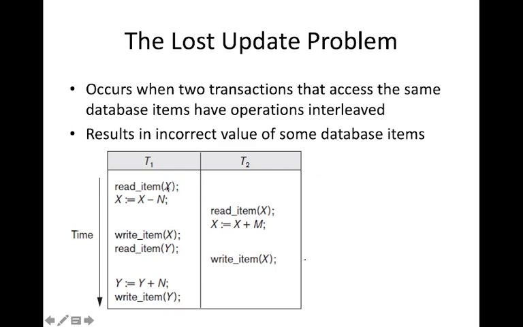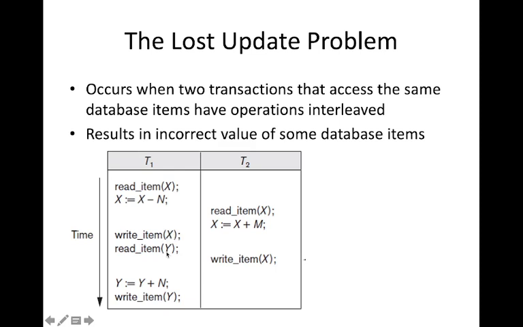For example, if X is 100 initially, here X minus 50 is done, so X becomes 50. But when T2 reads X, it reads the old 100. Then X is updated by adding 10, so X becomes 110, and T2 writes 110.